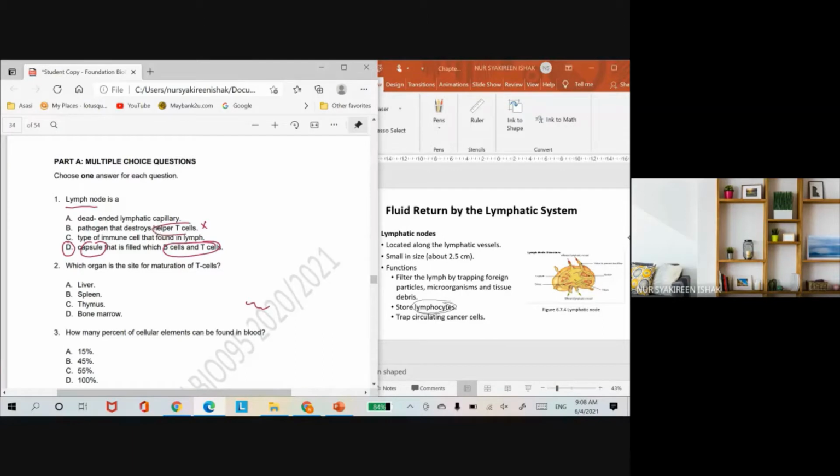The function of the helper T cell, which you are going to learn in the chapter on the immune system, is to activate B and T cell in the adaptive immunity. This is to activate the humoral immune response and also the cell-mediated immune response. You see, the lymphatic system has a strong relationship with the immune system.